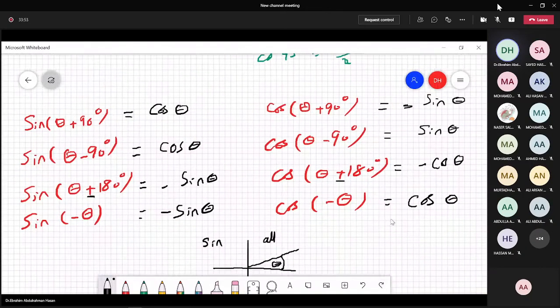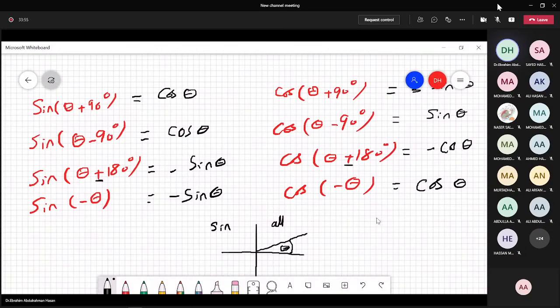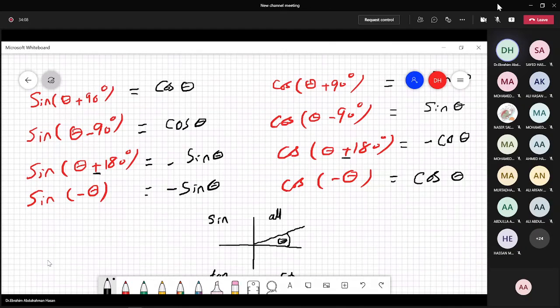Okay, فهذه الشيئين. الشيء الثالث, how to find it. Sine theta plus 90. So if this is my theta, هذه theta, then theta plus 90 will be here. I become right angle.